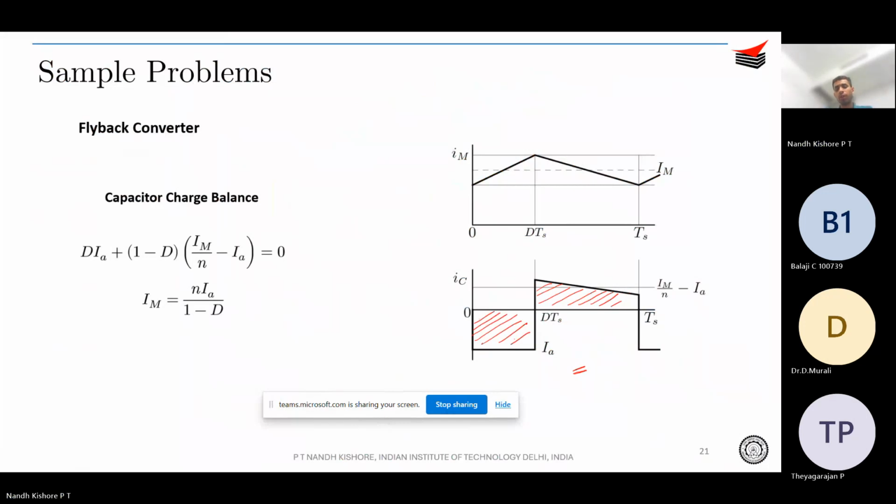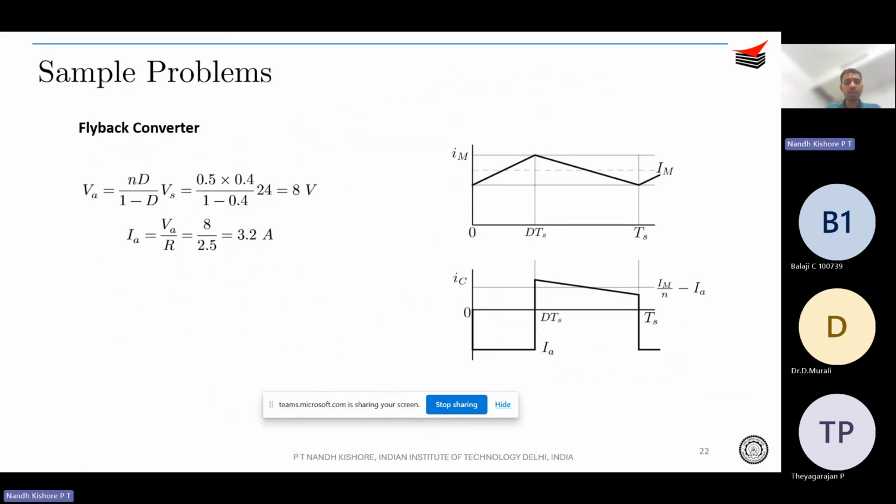So from this relation, you end up with Im equal to N Ia divided by (1 minus D). So this is your relation for the magnetizing current of the inductor. That is, Im is equal to N times Ia by (1 minus D).